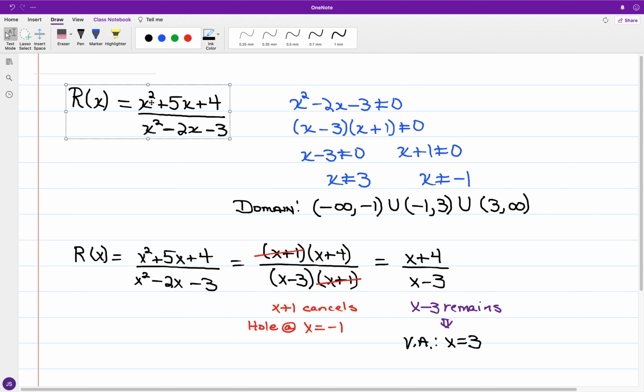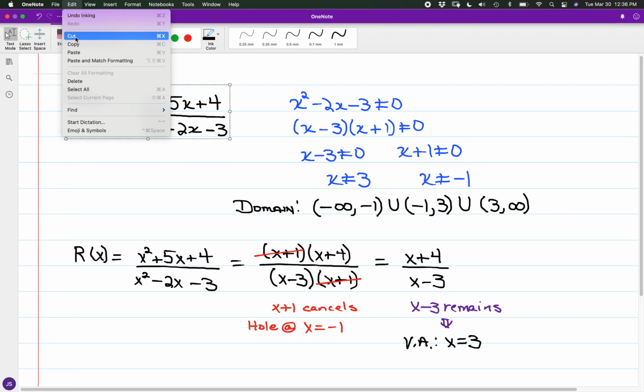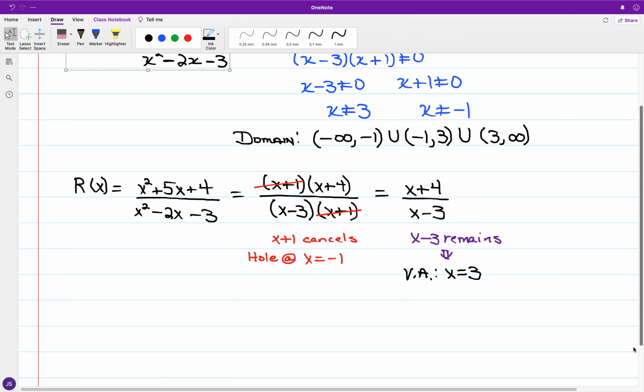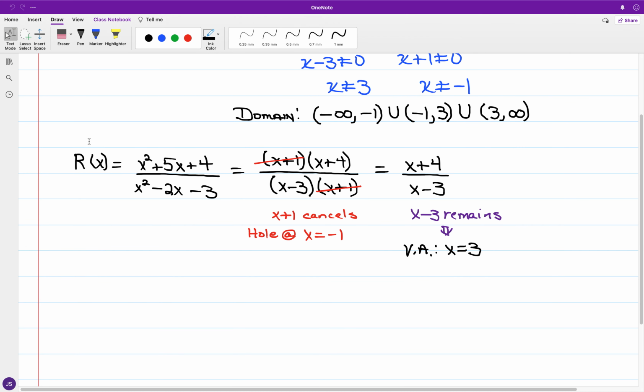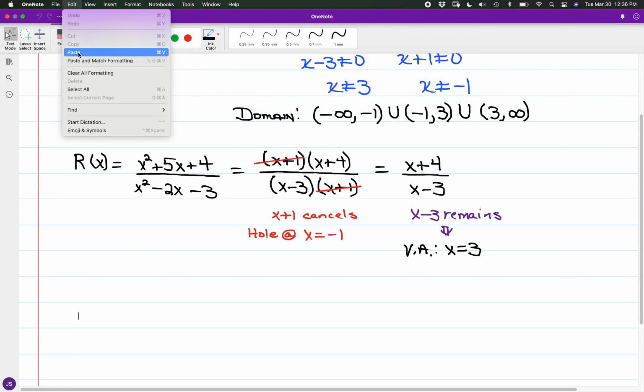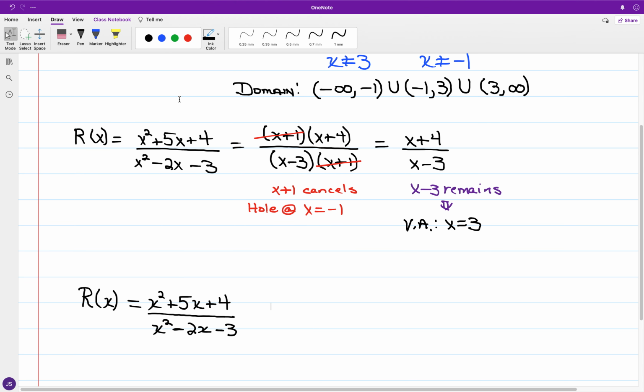Now, in terms of any other asymptote, this comes down to degree comparisons. For the numerator, n is equal to 2, and in the denominator, m is equal to 2. So the degrees are the same.